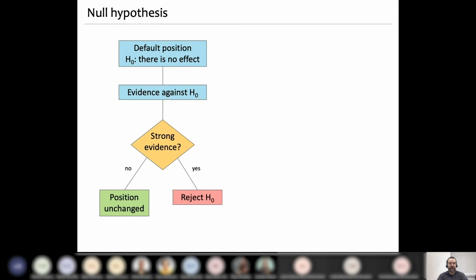There is no difference, there is no effect. And then we search for evidence against this null hypothesis. And if we find evidence which is strong enough, we can reject the H naught and we can say, oh yes, we found an effect. Otherwise, our position remains unchanged. We don't prove anything. We just stay where we were and our default, there is no effect.